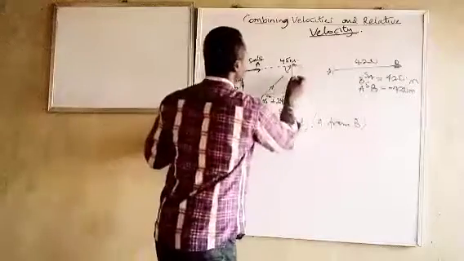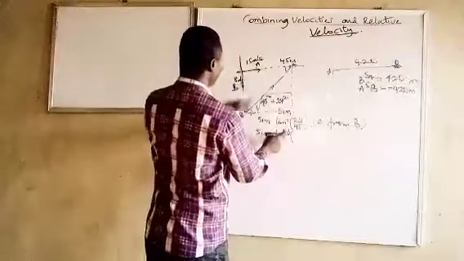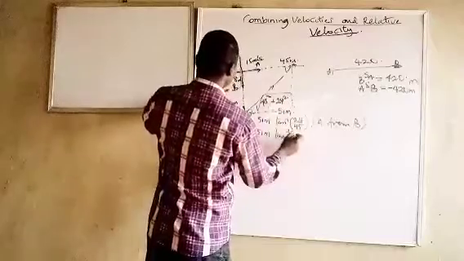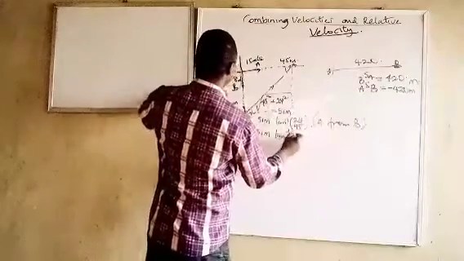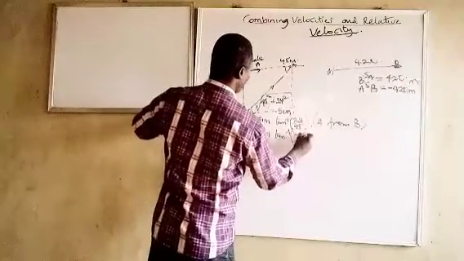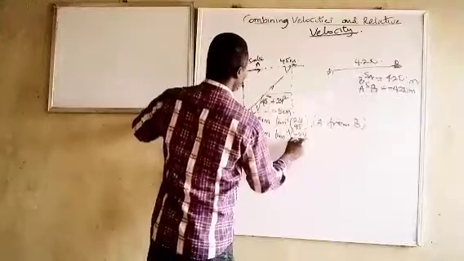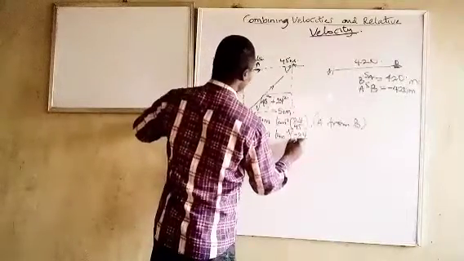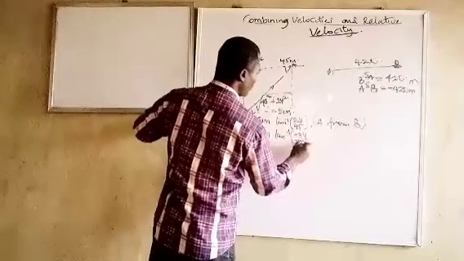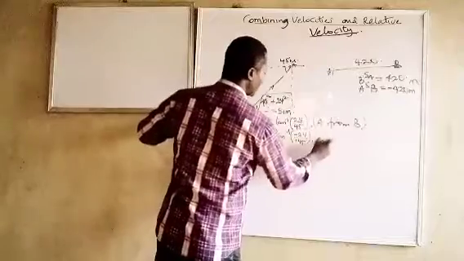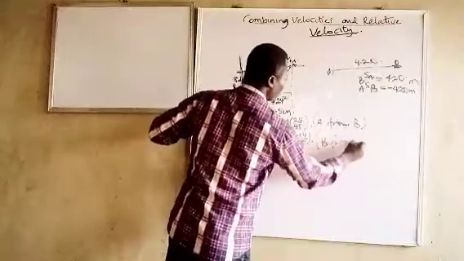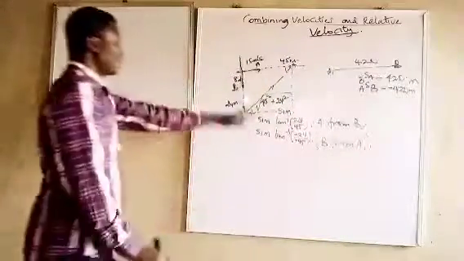So it's going to be arctan minus 24 over minus 45. So that is b from a. That's how you get that one.